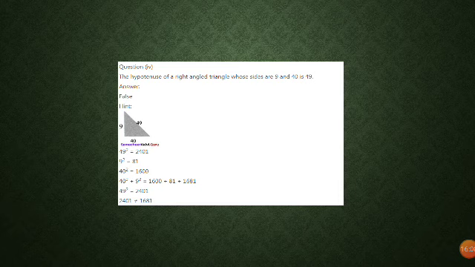So 2401 is not equal to 1681. It does not satisfy the Pythagorean theorem. Pythagorean theorem means left hand side and right hand side are equal.